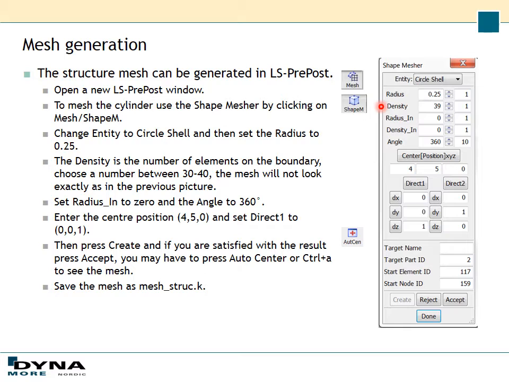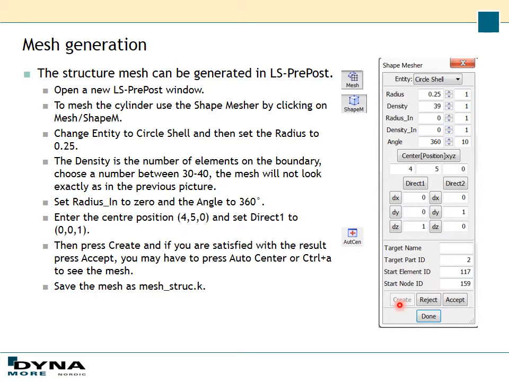Set the density to a value between 30 and 40, and the radius in to 0 and the density in to 0, and put the angle to 360 to get the whole circle. And then enter the center position to 4, 5, 0. And set the normal to the Z direction by entering 0, 0, 1. And then press create.